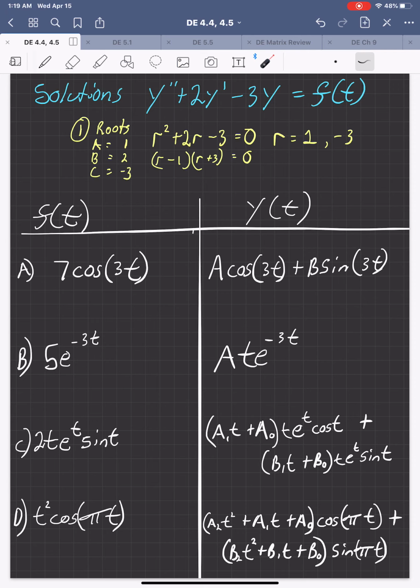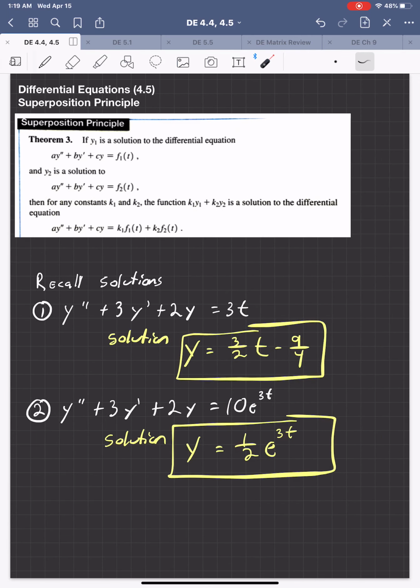Now, the next topic. I can take this superposition principle and make it fairly easy to understand if we just take an example we've already done.